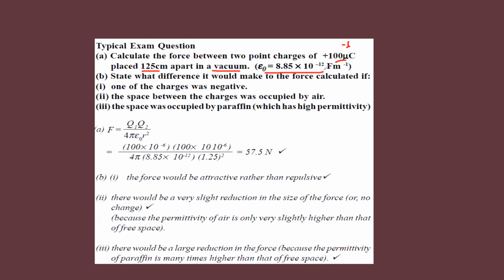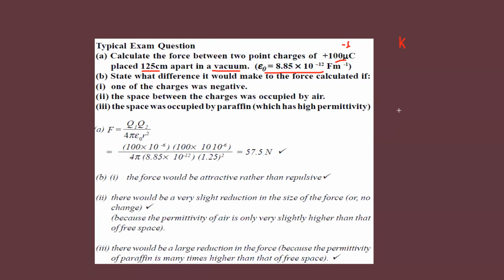Epsilon naught means the permittivity of free space, meaning the number of field lines which can pass through the space. That is called the permittivity of free space, because the value of K depends on the medium between the charges.